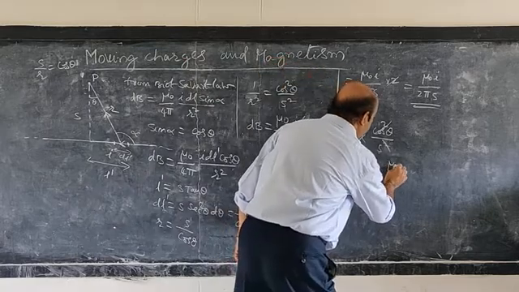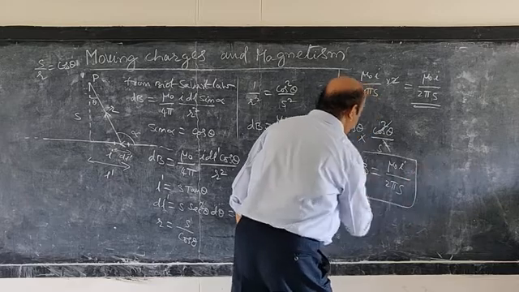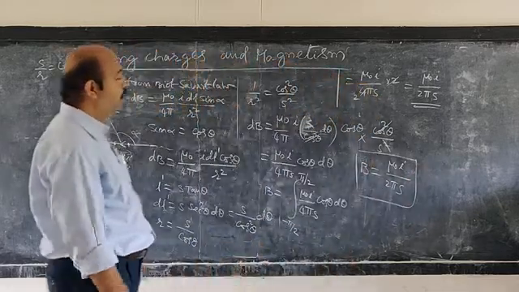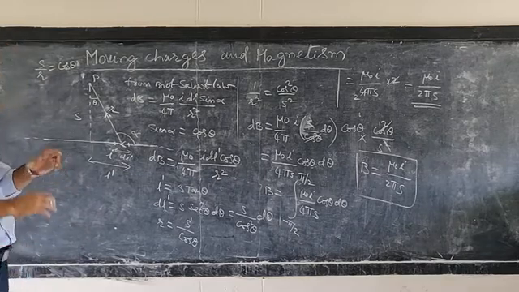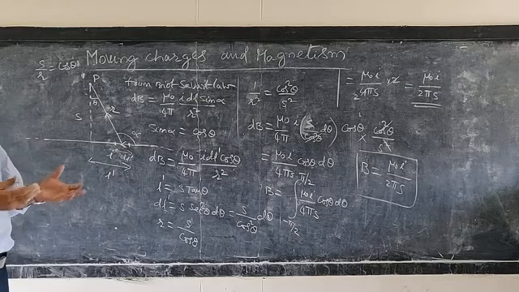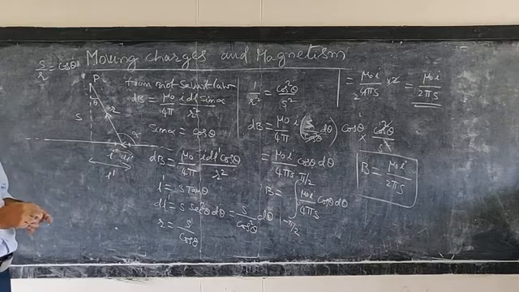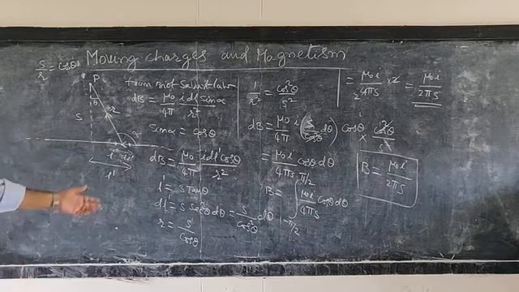So this is the formula what we want. We make use of that formula to arrive at the relation between the magnetic field and current in Ampere's circuit law. So this you can consider as an application of Biot-Savart's law.